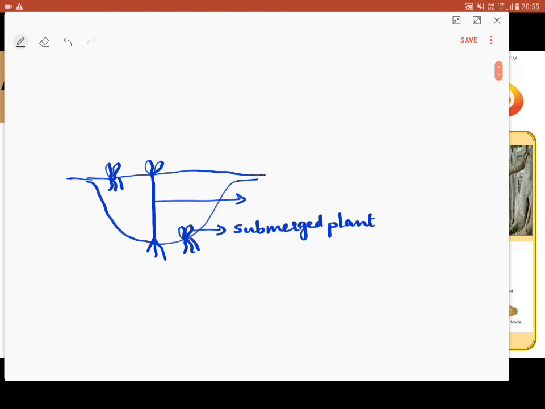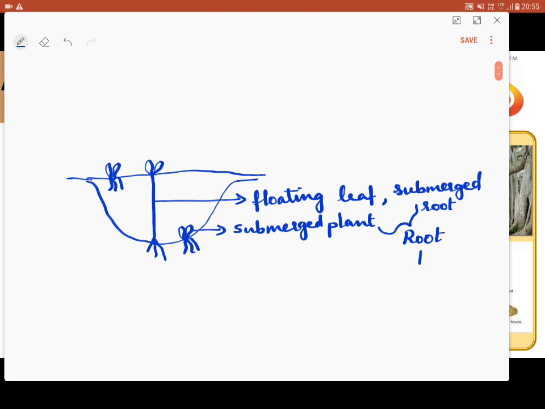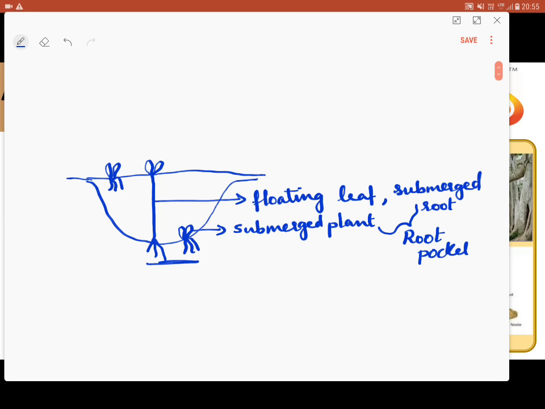This is a plant which has floating leaves but submerged roots. In both these cases, you will see a root cap because it comes in contact with the soil.